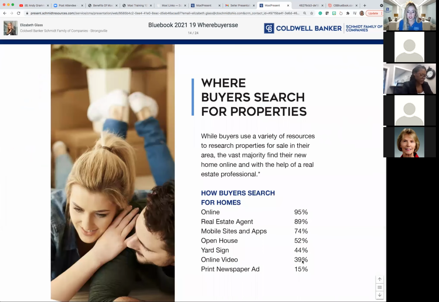Now we're getting into the story here. Remember, if you ever have Tracy or any of us on the call, we tell you to explain our story, right? So what we're doing with these slides is we're explaining to them the story of why we are the one that should be picked. We don't need to be the real estate agent in the background saying, pick me, I'm the best.